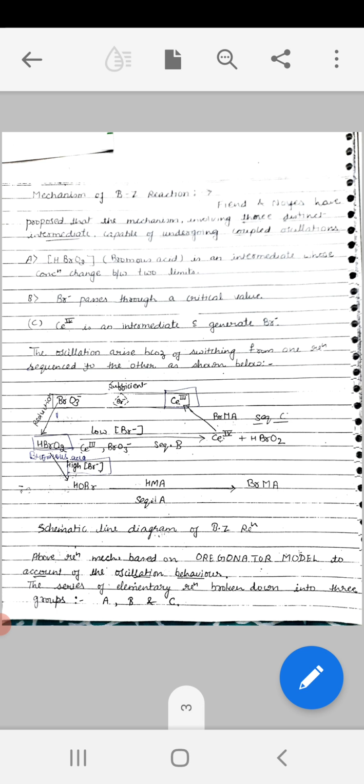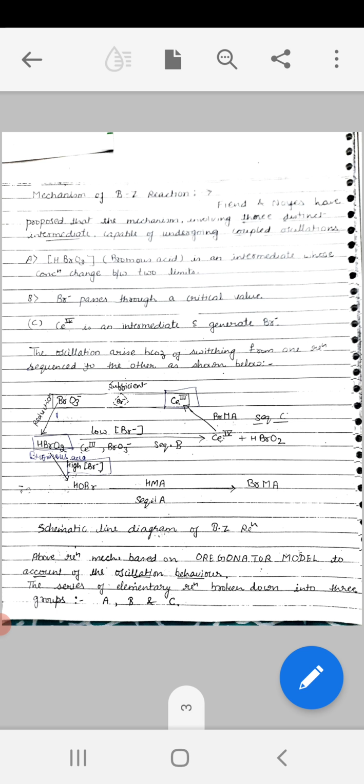Just see the three sequences above. Then insufficient quantity of bromide is present at the critical value, and again it is converted into BrO3-. BrO3- by reduction again forms HBrO2, and this HBrO2 gives a high concentration of bromine and forms HOBr. This HOBr then reacts in sequence A with malonic acid to form bromomalonic acid.